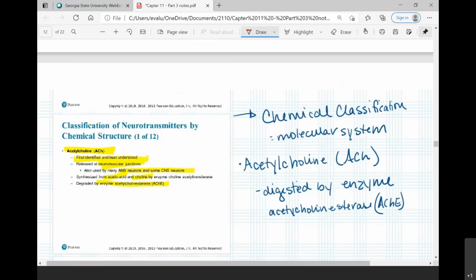And we see it in some central nervous system neurons. So this guy is pretty generic and covers a lot of things. And he is synthesized from two different molecules, acetic acid and choline. And he is broken down in the synapse by acetylcholinesterase, that enzyme. But we also alluded to and talked about that in chapter 9.